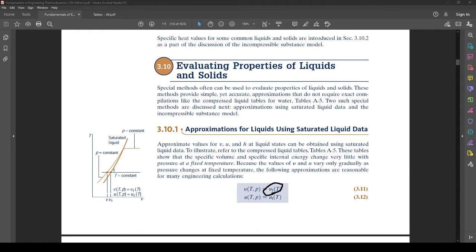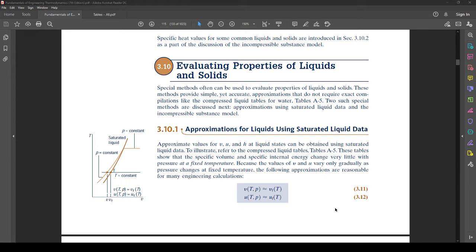It's the same thing with u and h, right? The reason why it says that is because this approximation only works for the temperature table in the book, okay?